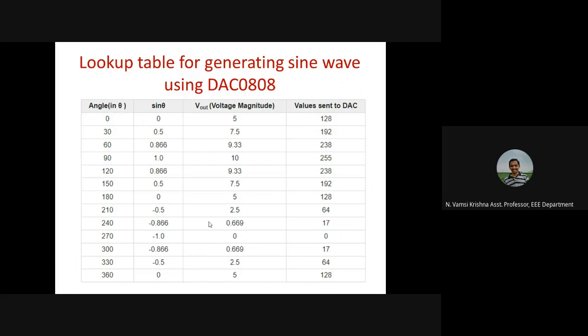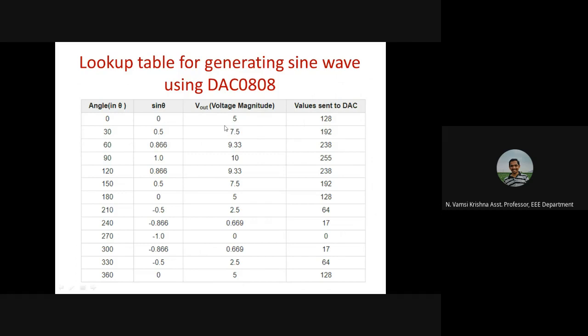If a sine wave is required, we will calculate how much voltage there is for sine 0, for sine 30, for sine 60, and so on. We will decide the voltages at different phase angles and give the inputs to the DAC one after the other. For the DAC, to get an output voltage of 5, the digital input we need to give is 128.